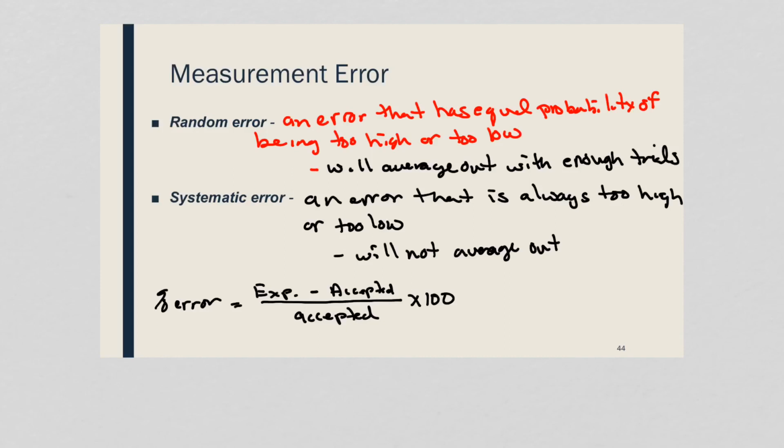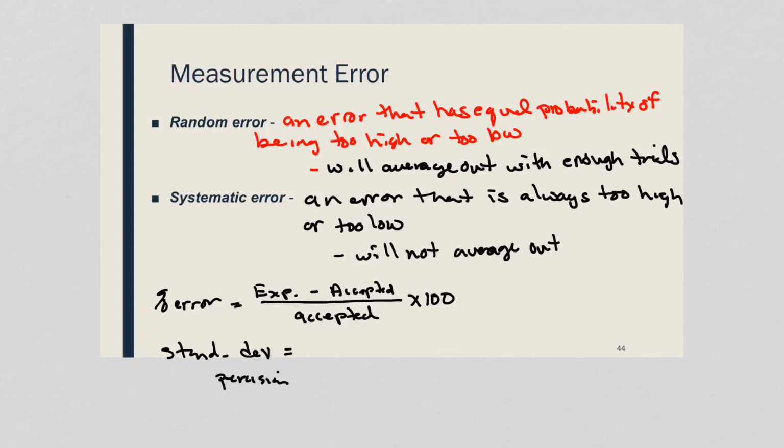Another way that sometimes we can assess error is what's called a standard deviation. This is a little bit more complex calculation. I'll give it to you in lab when you're called upon to do it. But essentially, this is a way to look at the precision of the data, right? In other words, it's giving you an idea of how far, if you have multiple measurements, each measurement is off from the average measurement.